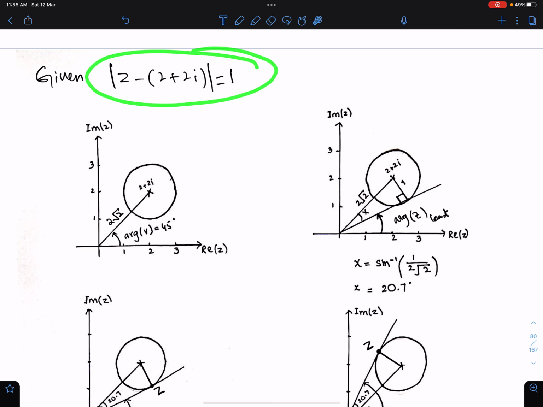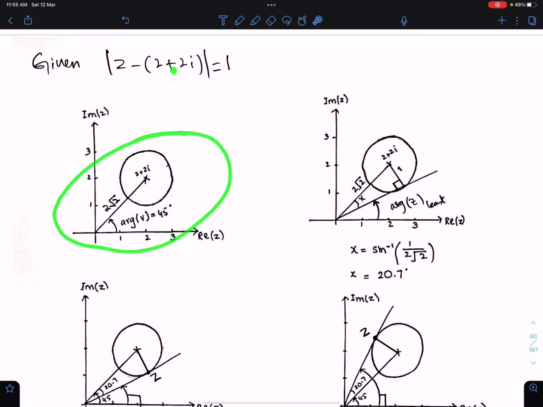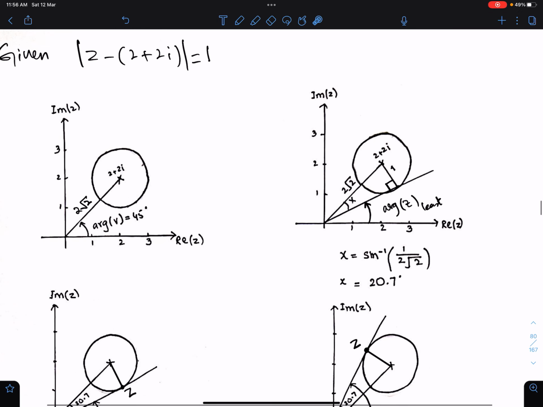This is the equation of the circle, and we have to find greatest and least values of argument z. This is the Argand diagram of this equation. See, center is at 2 plus 2i, argument of center is 45, and modulus of center is 2 root 2. Now for the least argument, z must be here.